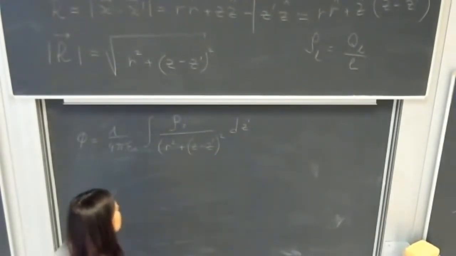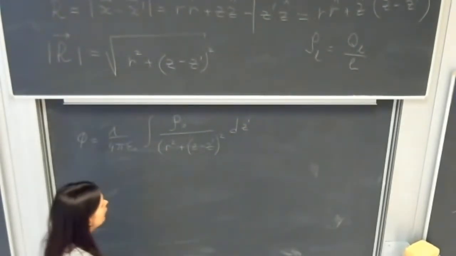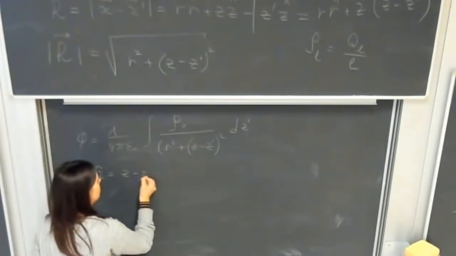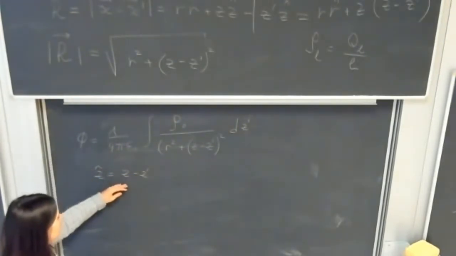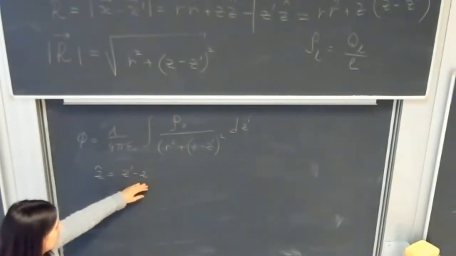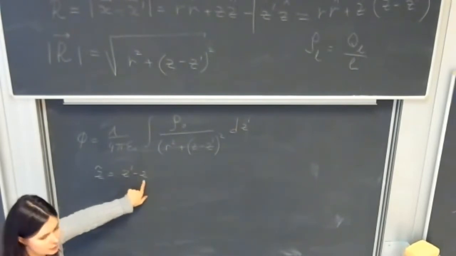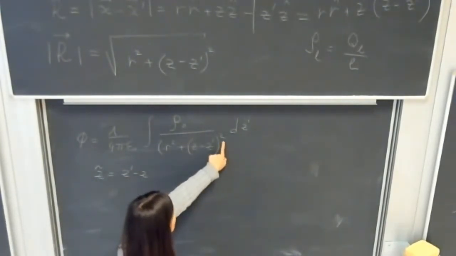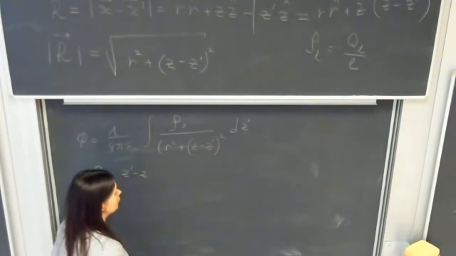And then we can introduce a new variable equal to z prime minus z. So the larger minus something small. And we can plug it in here because here is a square, so it doesn't matter actually.